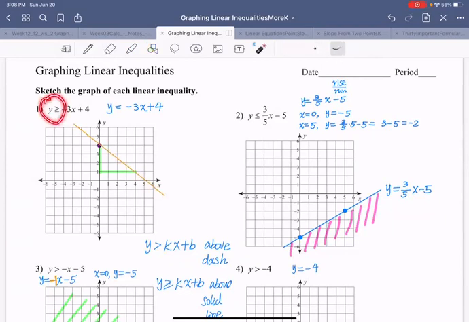Now, how do we shade this? So you go to the left. Bigger than means on top of it, okay? Bigger than, this is equal. Bigger than means on top of it, okay?